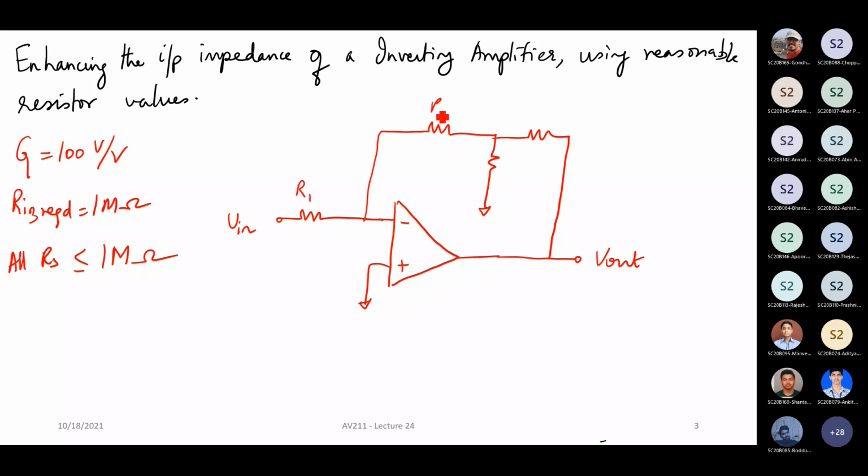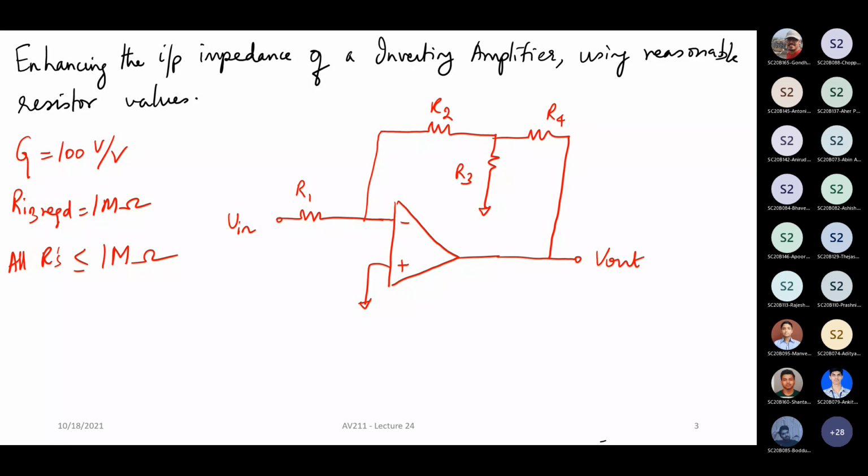Let's put some names R1, R2, R3, and R4, and this is our Vout. Now the condition is that you need a gain of 100 and you want your input impedance to be 1 mega ohm.